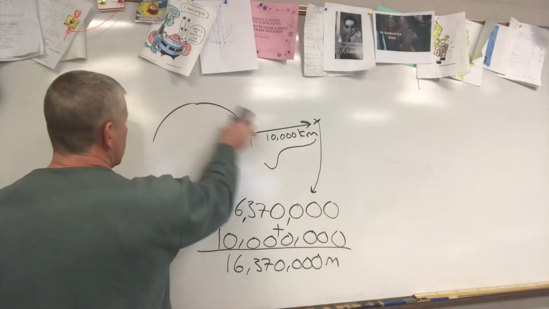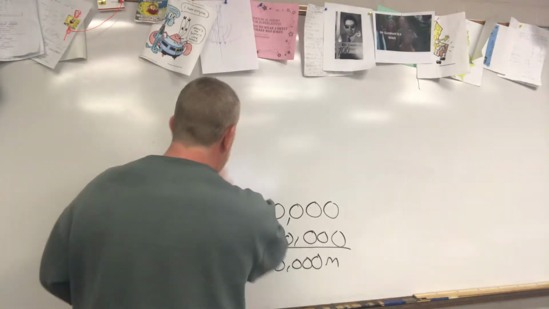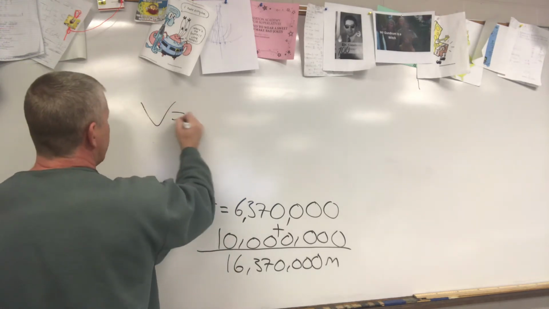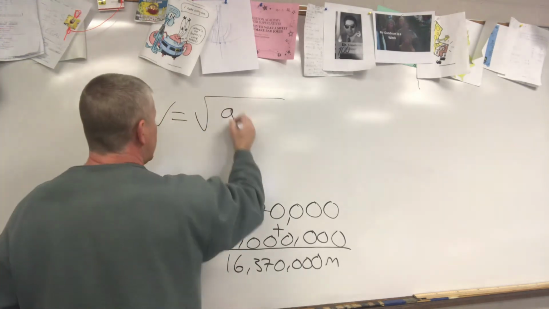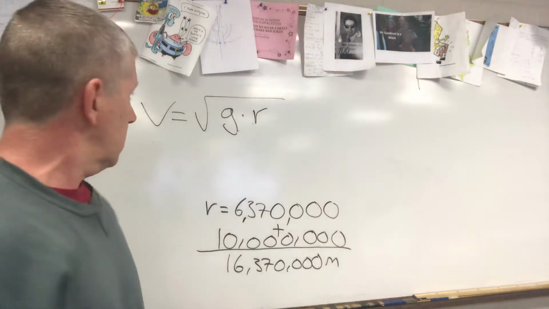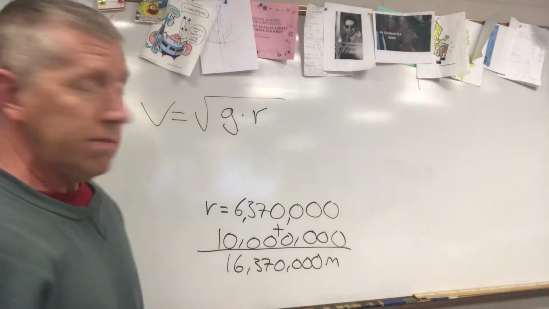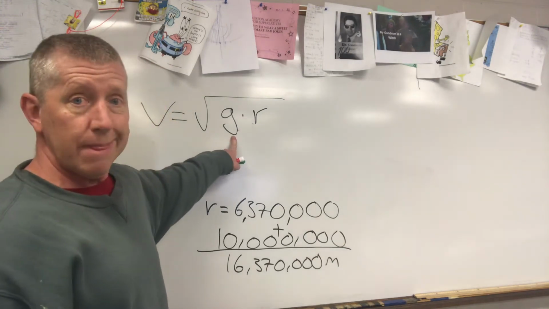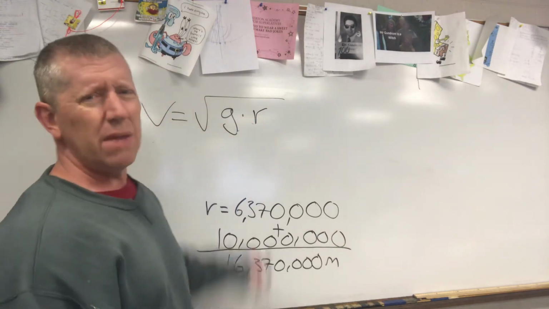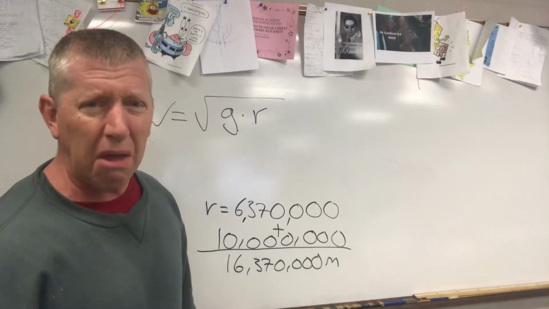Let me go back to that equation for a satellite. How fast the satellite will have to be going is the square root of g times little r. Uh-oh. g ain't 9.8. How are we going to do this? I quit.